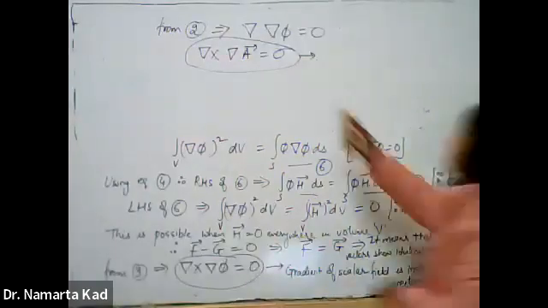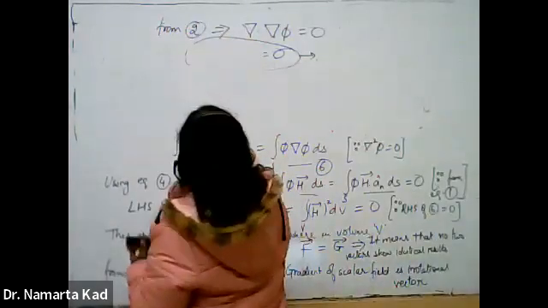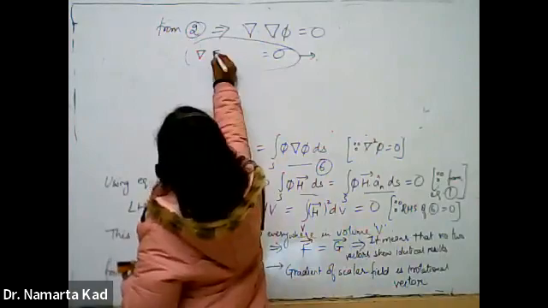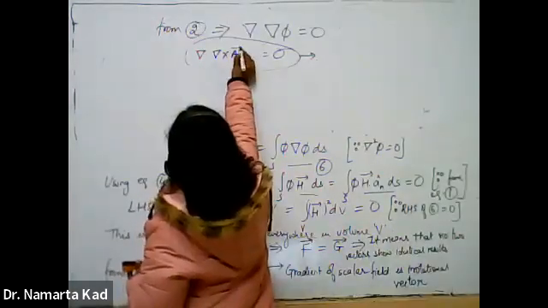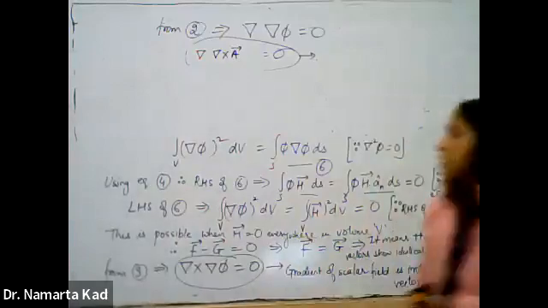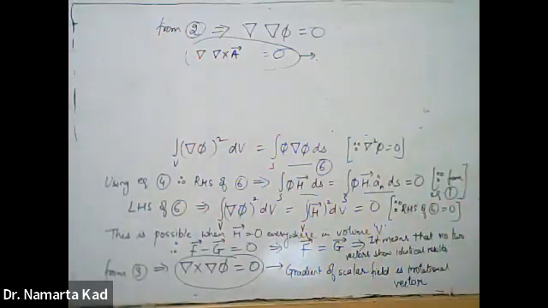So it can be written like del dot del cross A vector. That is, the curl of a vector field is a solenoidal vector. Hence, in general, a vector field can be represented as the sum of an irrotational vector and a solenoidal vector.